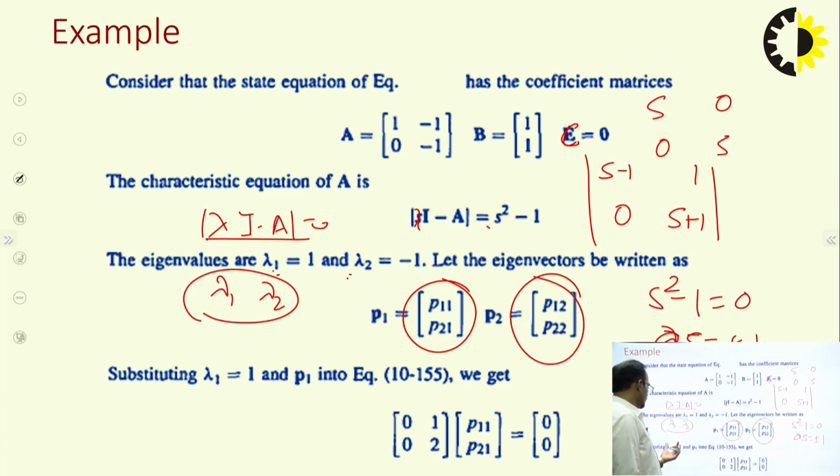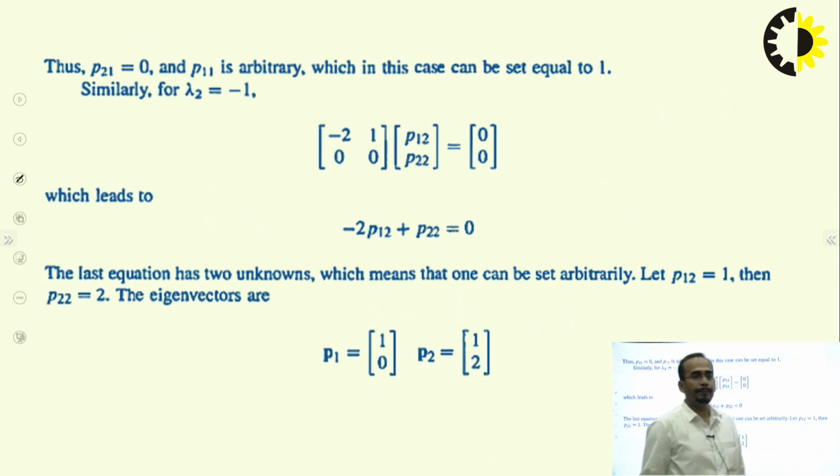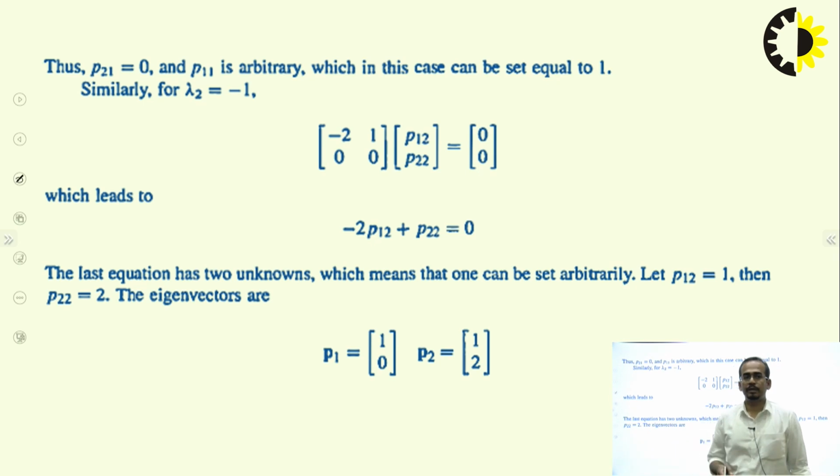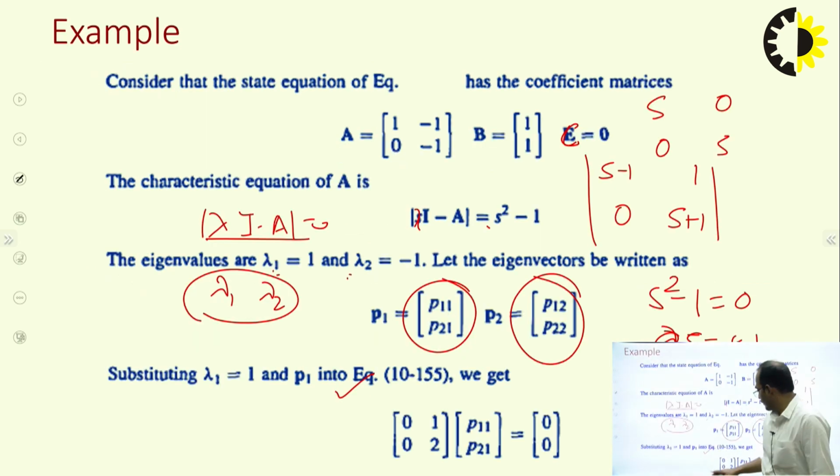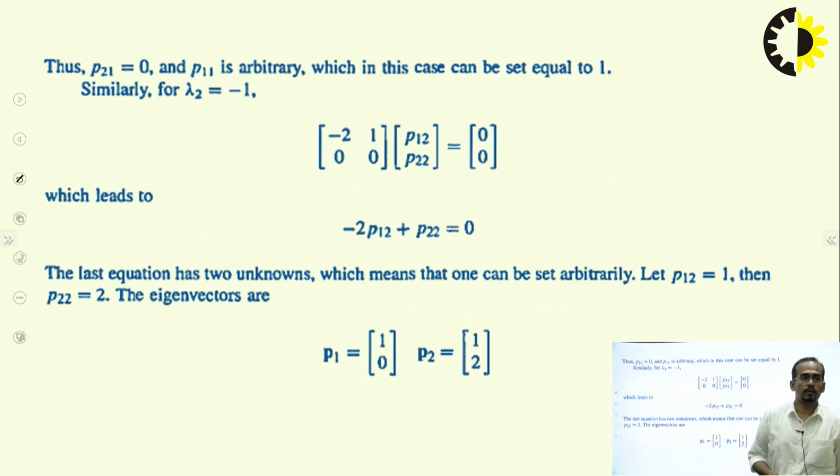By using λ1 = 1, I will get this. Where will I get this from? By putting λ1 = 1 in this equation, I will get it like this. After solving this equation, I can get the values of P11 and P21.